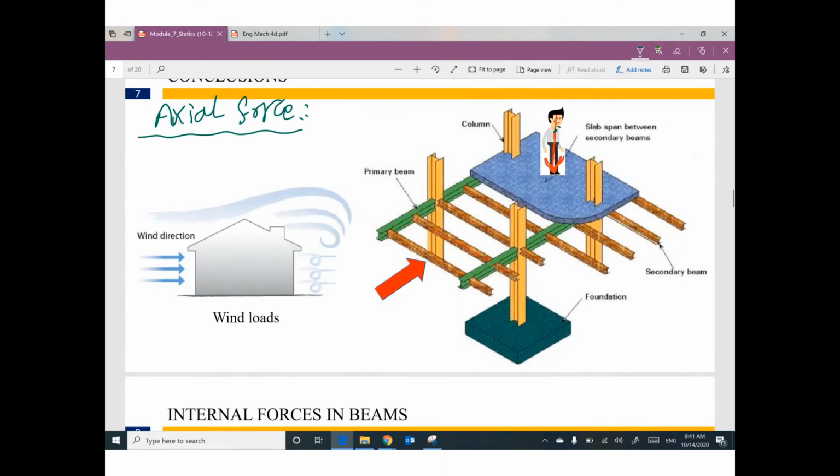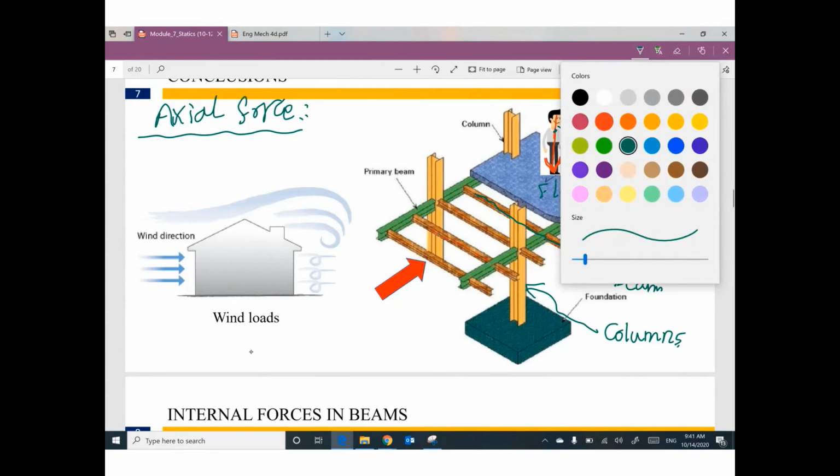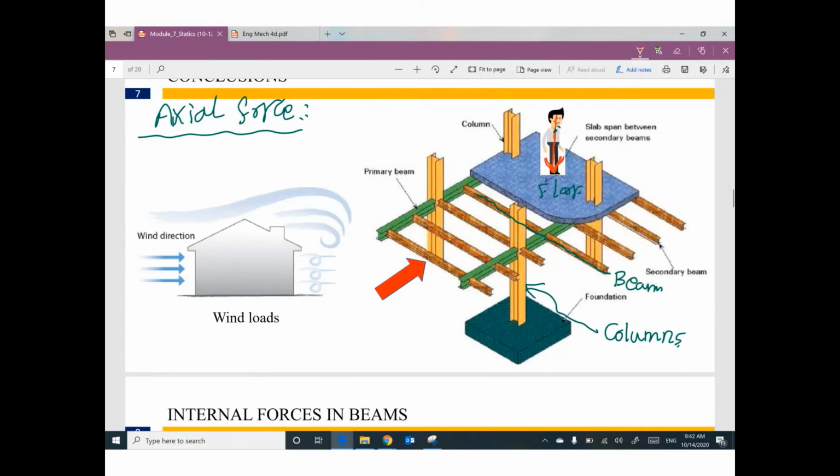Do you think on beams? This is beams. Or on columns? Right now you are sitting on this floor. So you are making axial force in which part of this structure? On beams or columns?